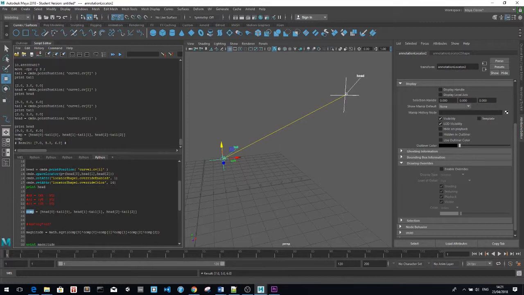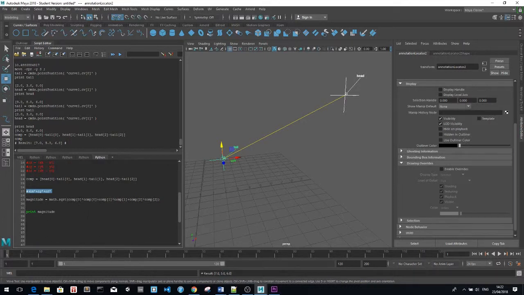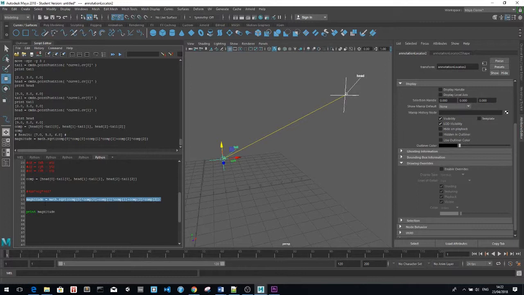From there, in order to get the magnitude, we have to apply the Pythagorean theorem to the components. We can do that down here by multiplying each component by itself. That gives us the square of each component of delta x, delta y, and delta z, and then we pass it to the square root math function, and that should give us our magnitude.